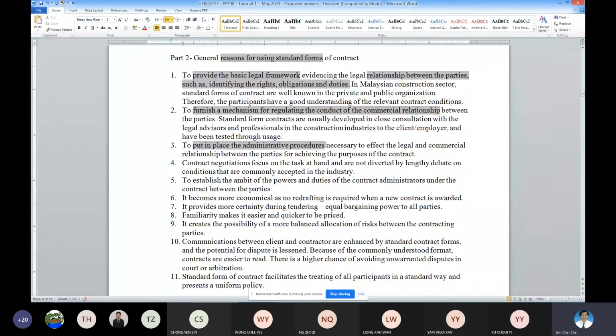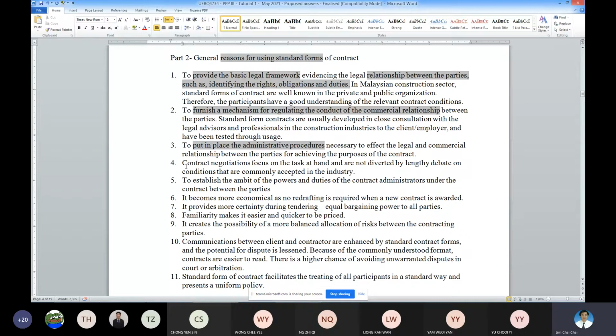What are the procedures to be complied with, or which clause to comply with under the standard form for your extension of time, your contractual claim, whatever things need to be looked into by the contractor, and also what the consultant needs to do in administering the project. Okay, so this is another key point: the administrative procedures to ensure that the project is implemented properly.